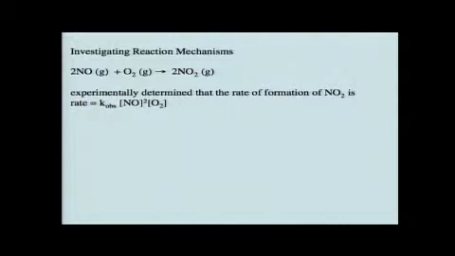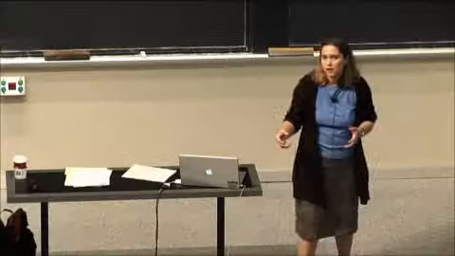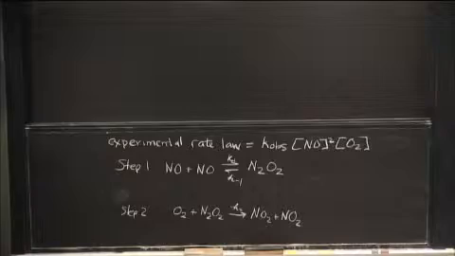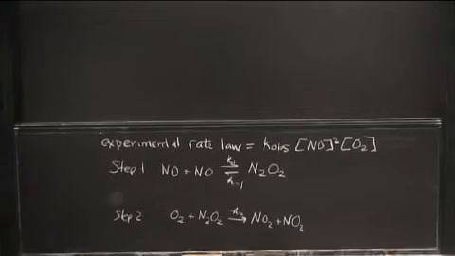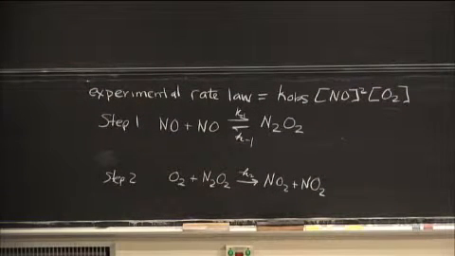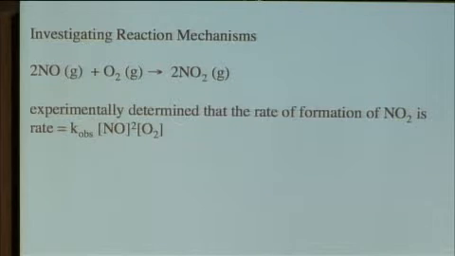So when you're investigating reaction mechanisms, you often will have an experimentally determined rate law. And then you want to try to come up with a mechanism that's consistent with that rate law. So for this particular reaction, 2 NO plus O2 going to 2 NO2 gas.